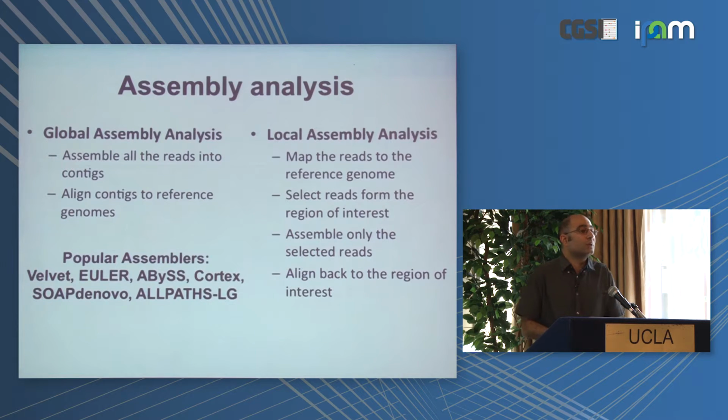You get the reads that are mapping to that particular region, give them to an assembler, build a contig, and align the contig back. So you can focus on a specific region that you're interested in. This increases the accuracy and speed of calling variations if you know the region or you just want to validate a particular region. And there are a lot of popular assembler tools out there. I'm just mentioning a few, like Velvet, Euler, Abyss, Cortex, and so on.